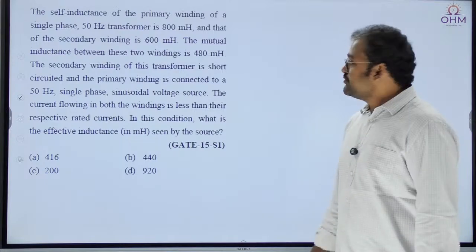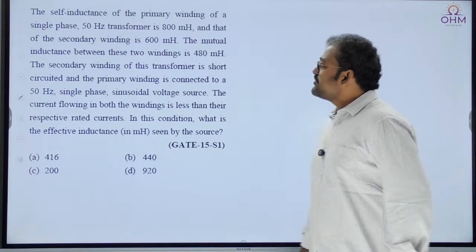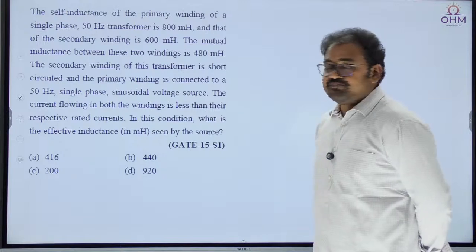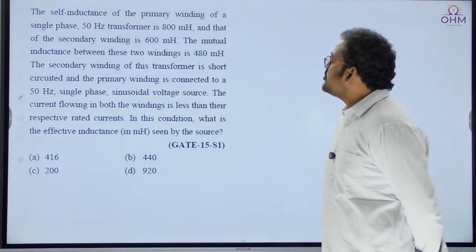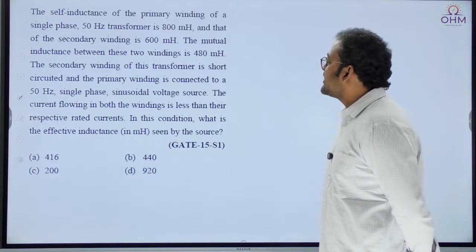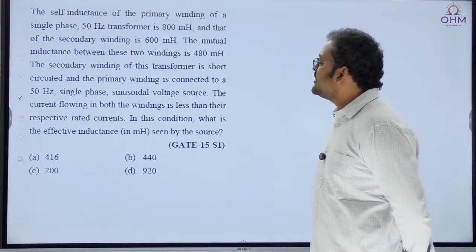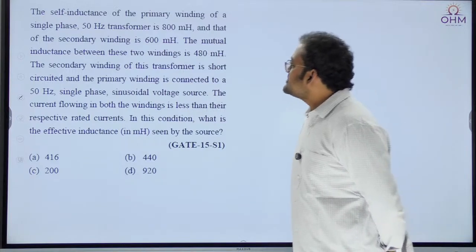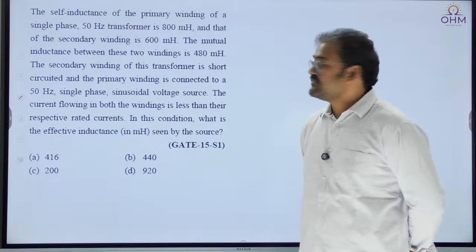Okay, let us move to another question. This is also related to the equivalent circuit of a transformer. Read the problem. The self-inductance of the primary winding of a single phase 50 Hz transformer is 800 millihenry, and that of the secondary winding is 600 millihenry.